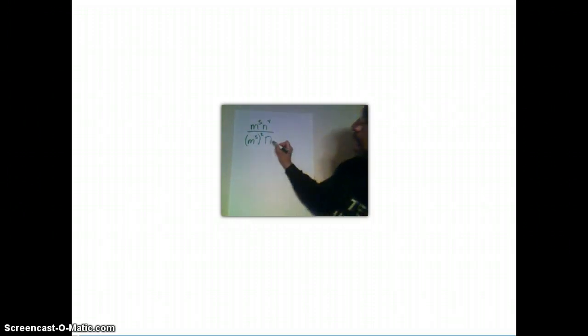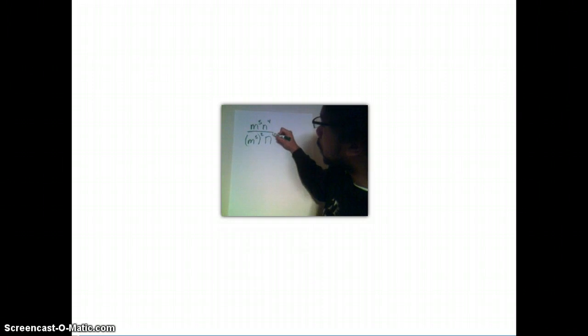Now, a couple of things you need to keep track of here. I have this 5 as my exponent going to the base m, this 4 going to n. N has an exponent of what? It doesn't look like anything's there, but again, I want to put a placeholder of 1 in there, and I have m as my base here being raised to the 5th.